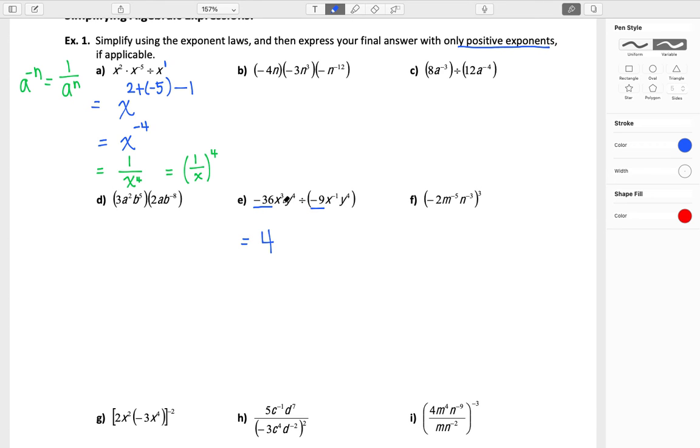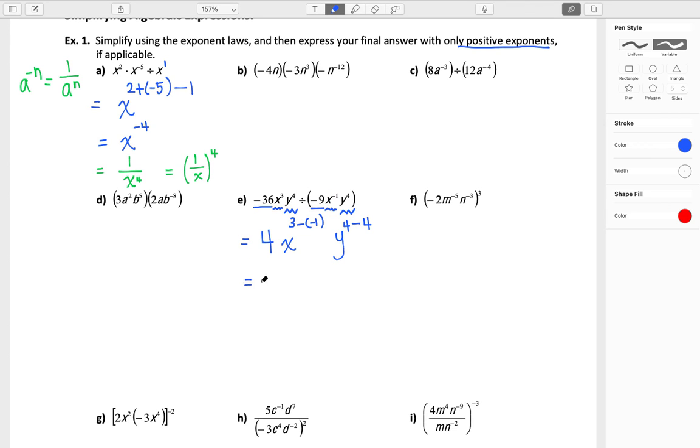Then we have like terms, x and x, and y and y. For x, 3, we're subtracting because it's dividing, minus negative 1, and for y to the 4, we're subtracting again, minus 4. I put negative 1 because there's a negative 1 there already.